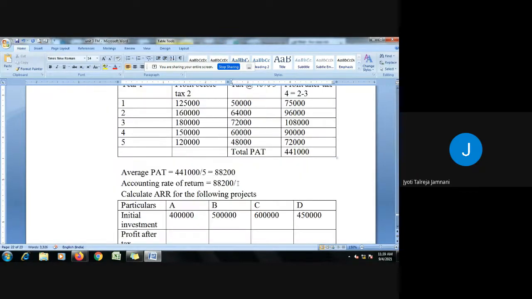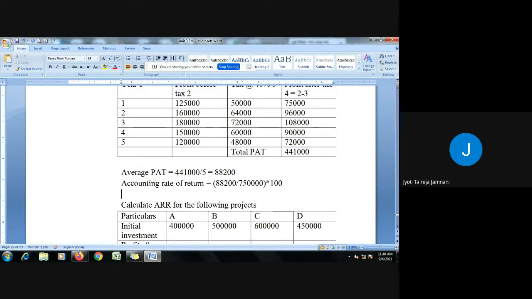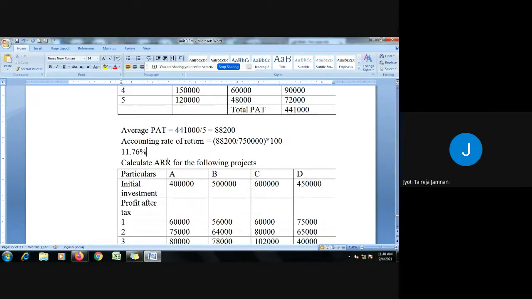So divided by 7,50,000 into 100. We calculate this and we will get the accounting rate of return, which is equal to 11.76%. So this is the answer of ARR, or the accounting rate of return.